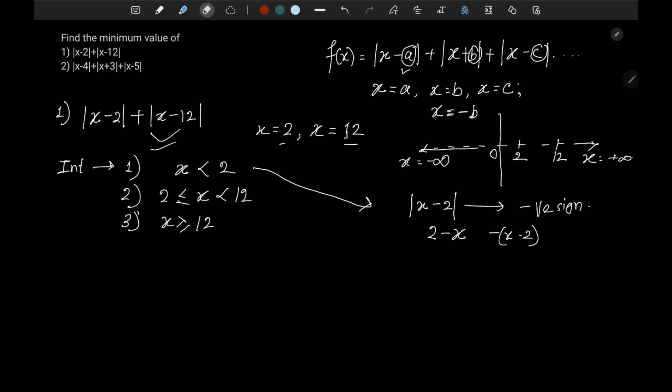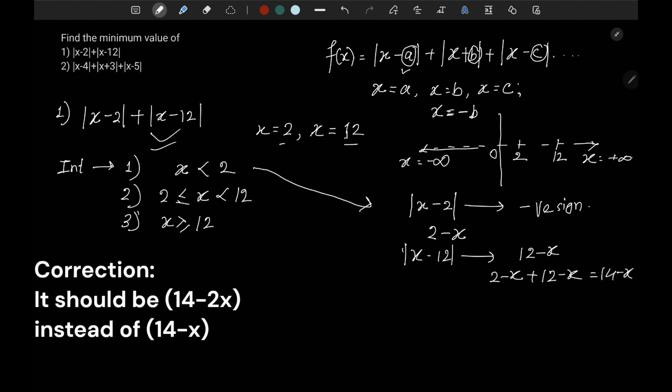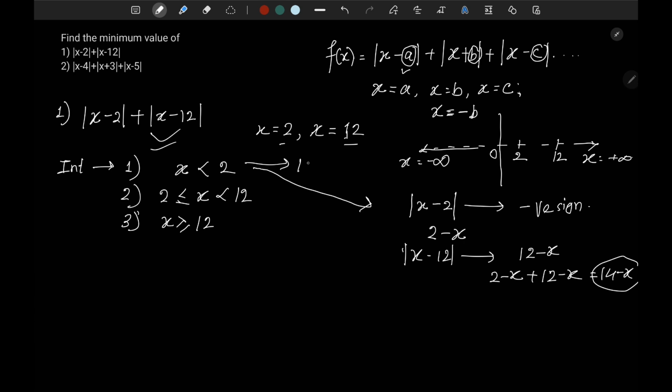And the modulus of x minus 12 opens as 12 minus x. So the function in this interval is 2 minus x plus 12 minus x, which equals 14 minus x. Let's note this down. So here we have 14 minus x.